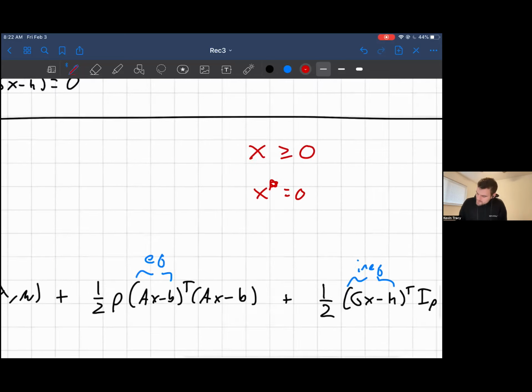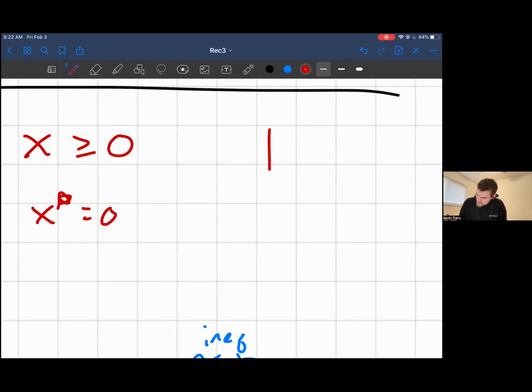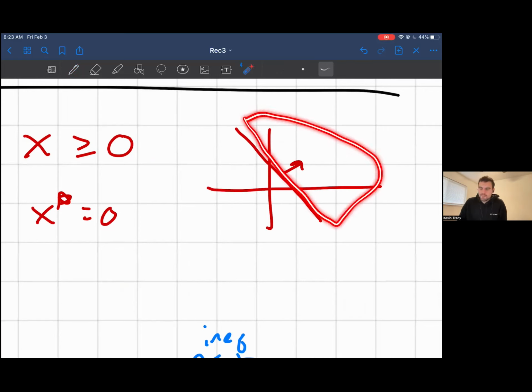So if you think about this graphically, if I had a border here saying the constraint must be on this side, and here is the feasible set. Say my optimal solution is somewhere over here, the constraint is not active. But if the optimal solution is on this constraint border, then the constraint is active.